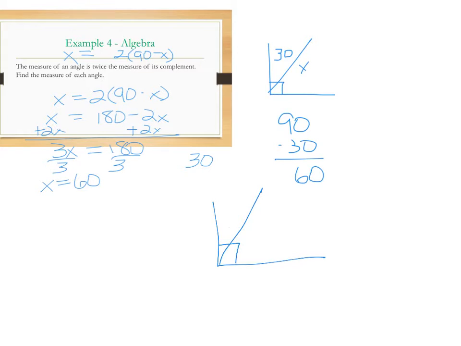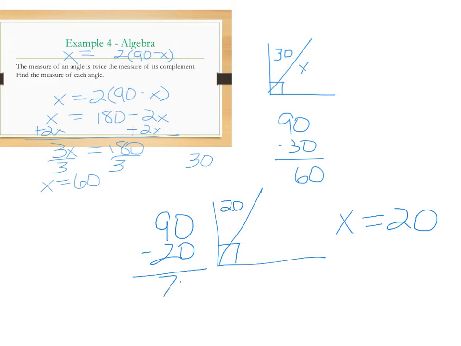And let me say that this angle is 20, okay? X equals 20. I want to find the measure of its complement. And we know that complementary angles add up to be 90 degrees, correct? So to find the complement of 20, I need to do 90 minus 20. And that would give me 70.